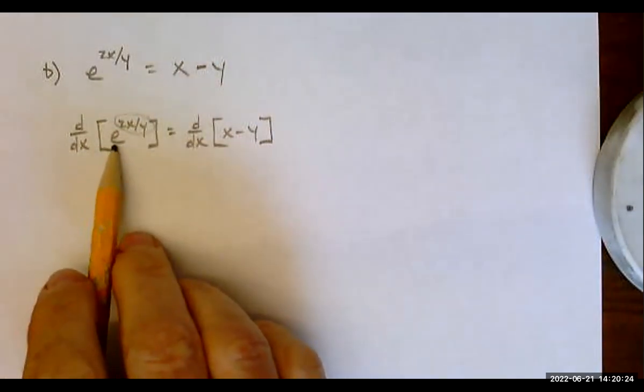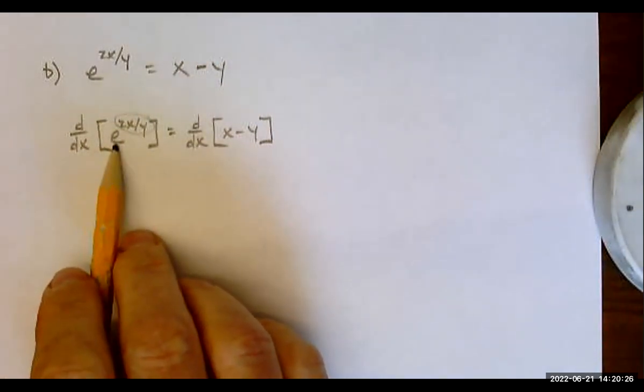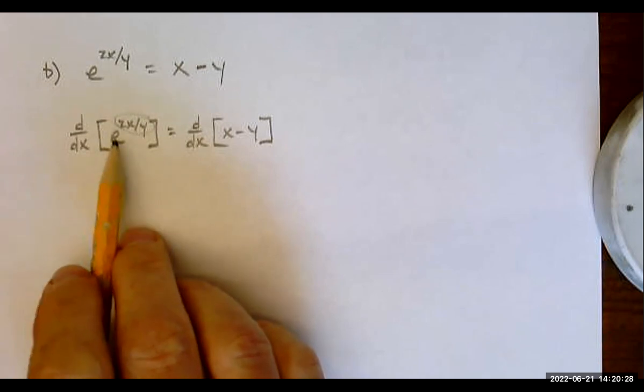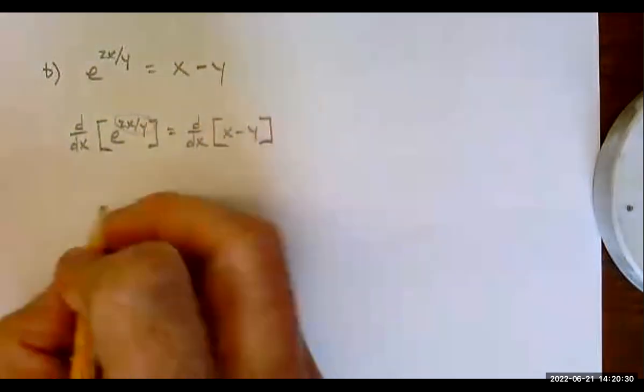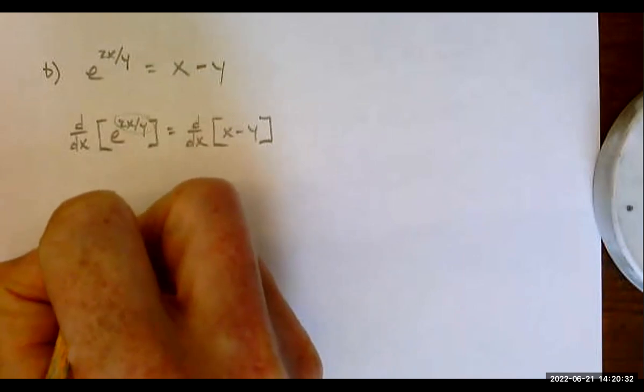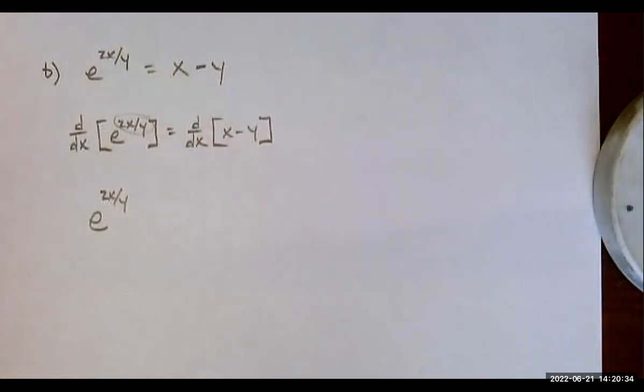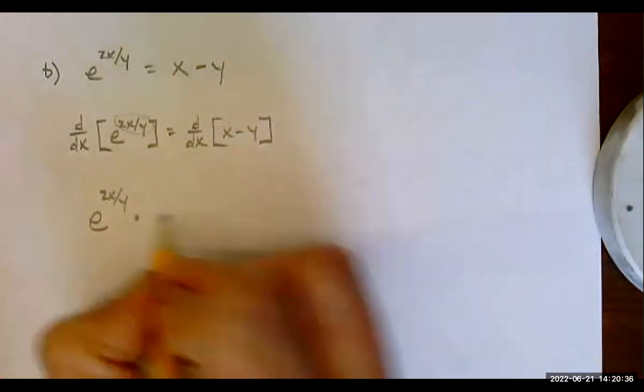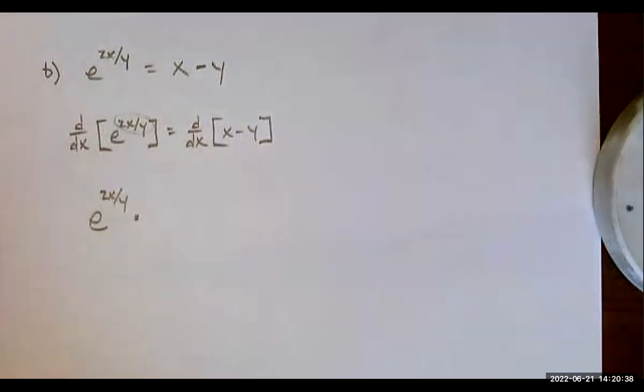So on the left, the e is our outside. The derivative of the outside, I'm just going to copy everything, e to the 2x over y. That gets multiplied by the derivative of 2x over y. There I need quotient rule.